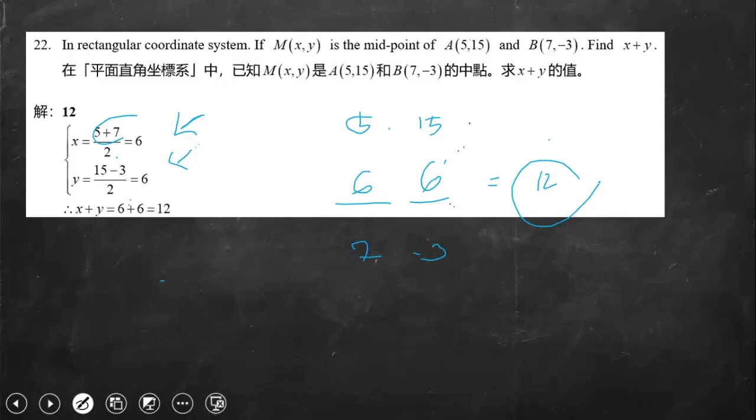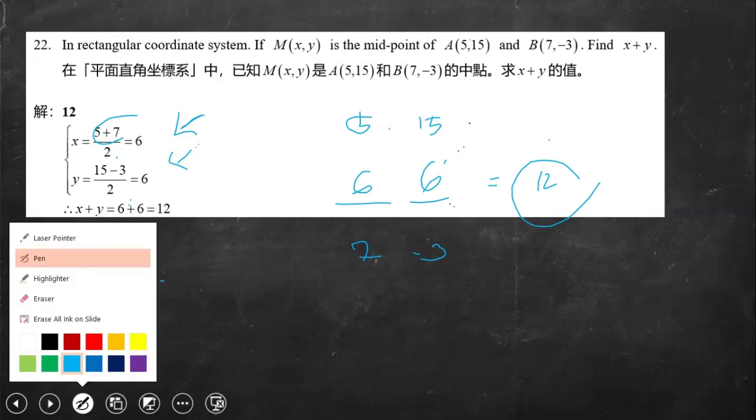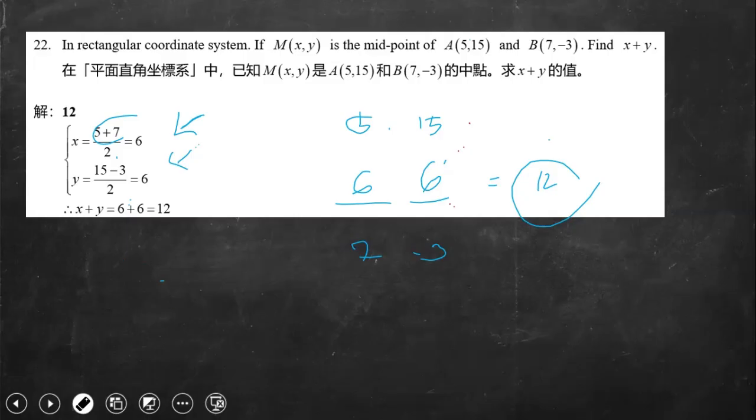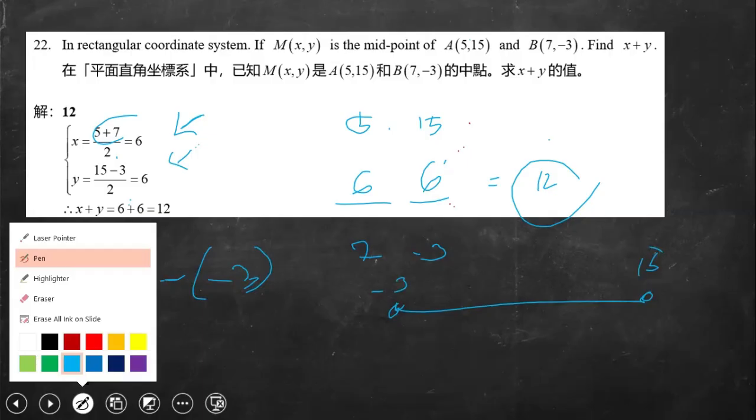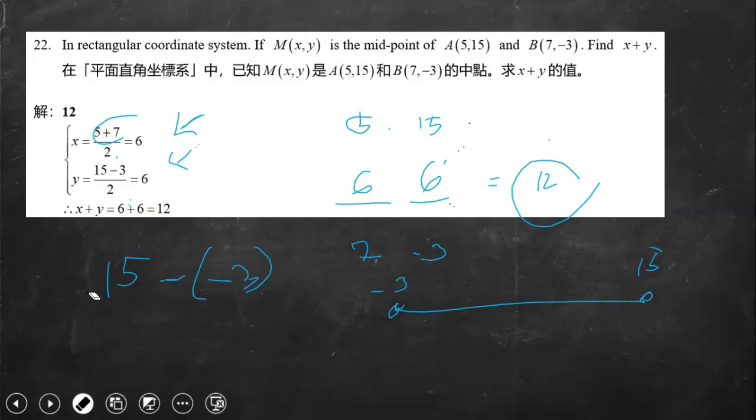Actually, yeah. The formula I showed you, 15 minus negative 3, is actually computing the distance between 15 and negative 3 on the number line. That's why I was confused earlier.